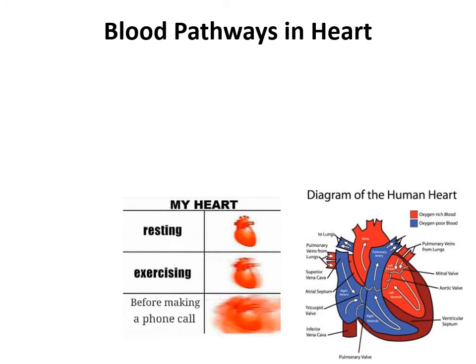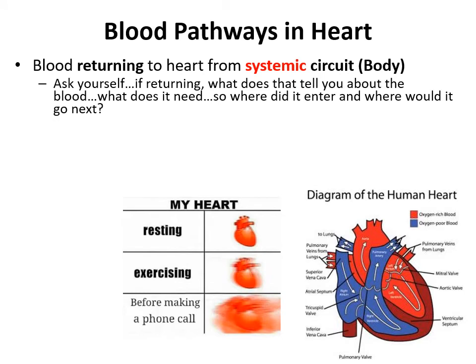Now, this slide is basically going to be a bit of review because we've already covered the main concept of where blood has to go with regard to the heart and the rest of the body. So first you have blood returning to the heart from the systemic circuit, and that means from the body circuit.